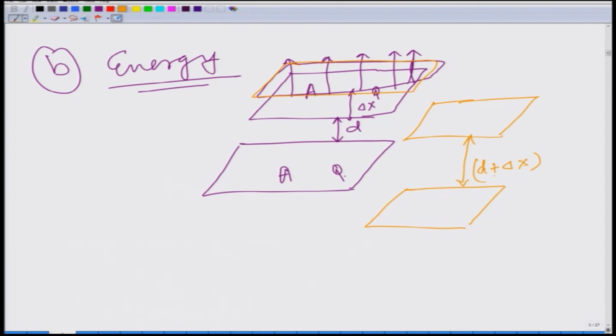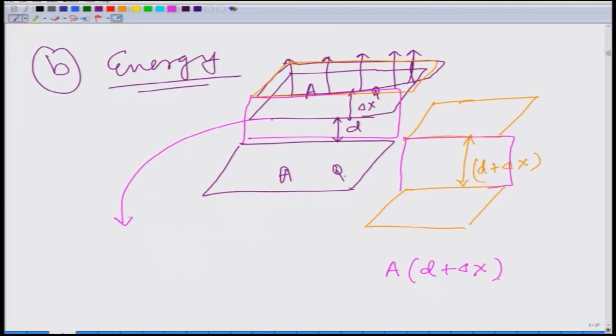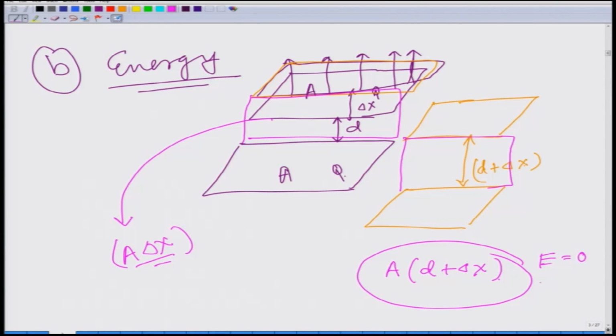You can also see that the region between the two plates has now increased. So the volume in which E equals 0 has increased. The old volume was A times D, so the new volume is A times D plus delta x.